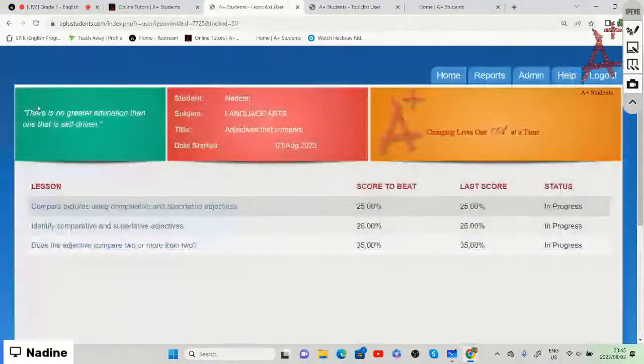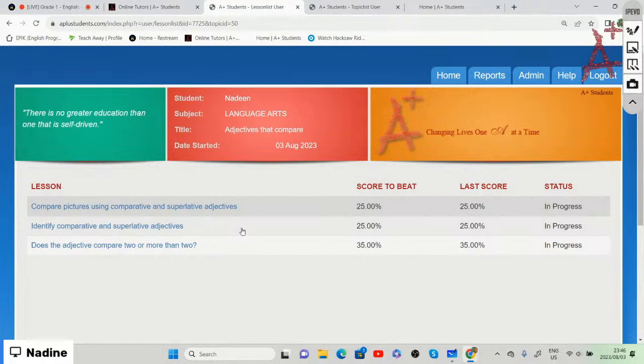All right. So these are adjectives that compare, and we went over what a comparative adjective is as well as a superlative adjective. We said a comparative adjective compares two people, places, animals, or things, and it ends in er.